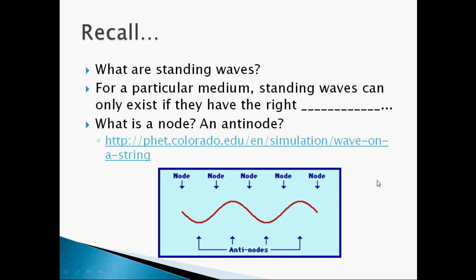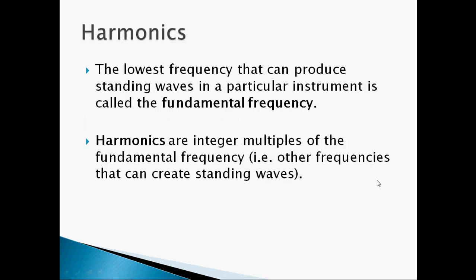Okay. So when we describe harmonics, what we're talking about are all the different frequencies that will produce standing waves in a particular instrument, either along a string or within the cavity of a pipe, etc. So it turns out there are many different frequencies that will produce this, and all those different frequencies are called harmonics.